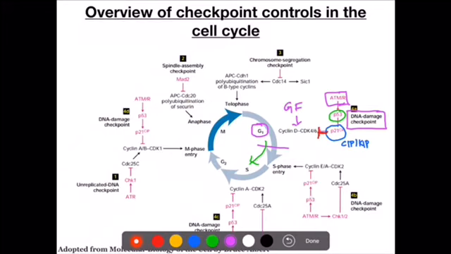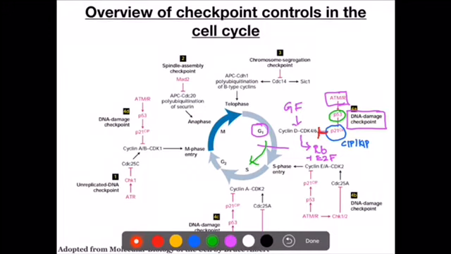If there is no DNA damage, this growth-factor-synthesized cyclin D-CDK4/6 complex phosphorylates a protein called RB protein, and this RB protein usually binds with another protein called E2F. Binding of RB to E2F inhibits binding of E2F to chromosomes.